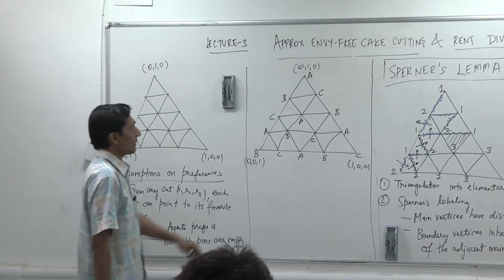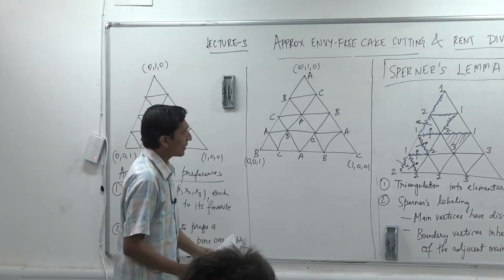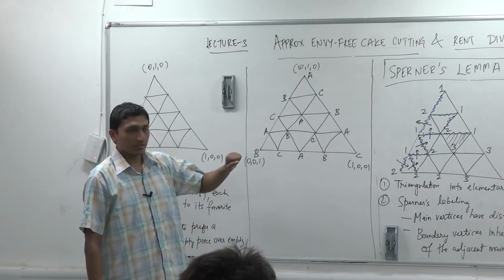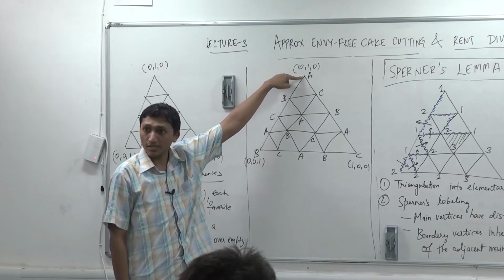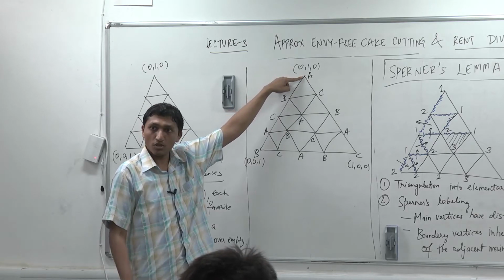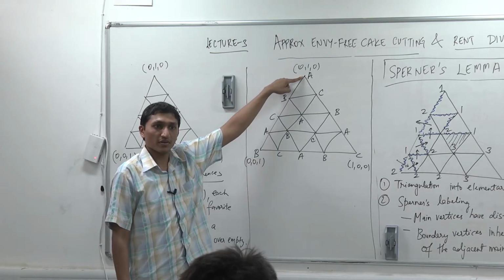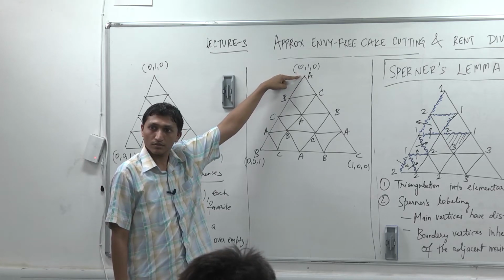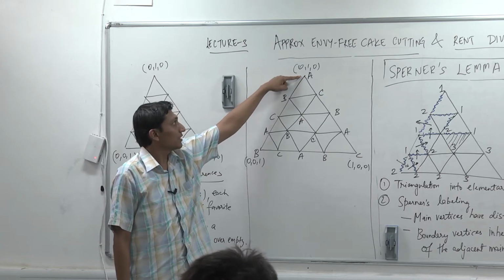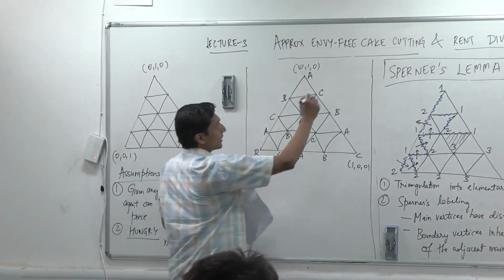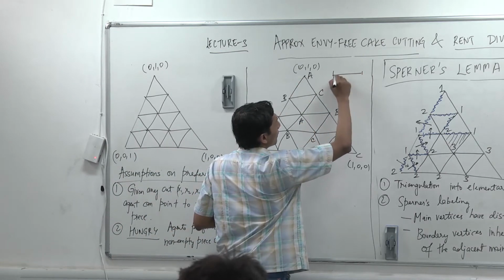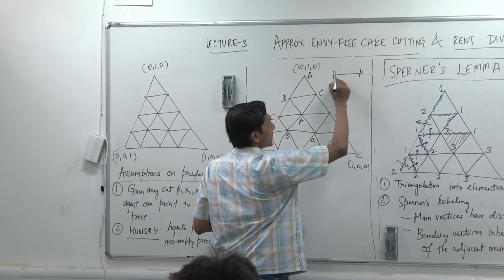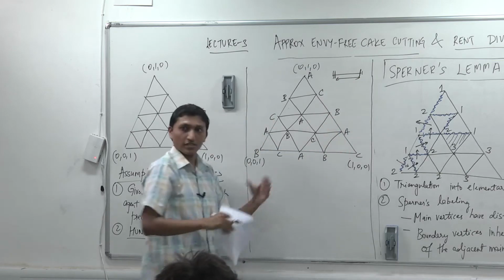Anyway, what does it mean to be an owner? Here's what it means. Our algorithm is going to go to a vertex and ask the owner of that vertex, which is your favorite piece at that cut. So this cut means that the first piece has length 0, and the third piece has length 0, and everything is in the second piece.